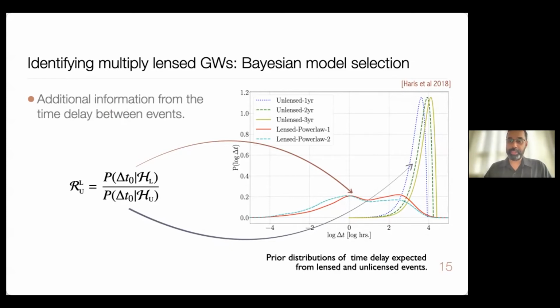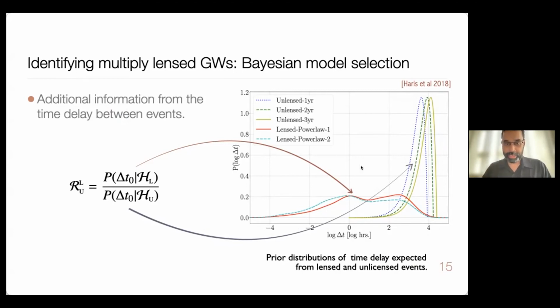From galaxy surveys, as well as the modeling of dark matter halos, we can predict the mass distribution of galaxies and clusters. And we can do a forward modeling of generating compact binary objects in the universe, computing the lensing magnification and time delay, and calculate the expected distribution of the time delay between detectable lensed signals.